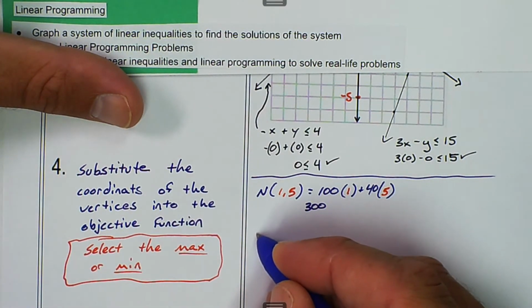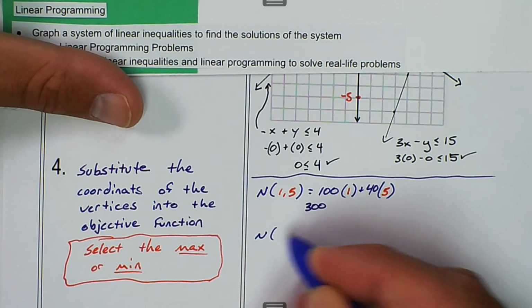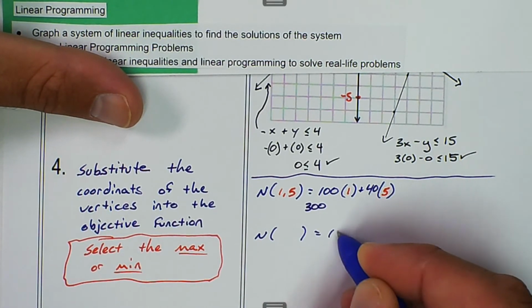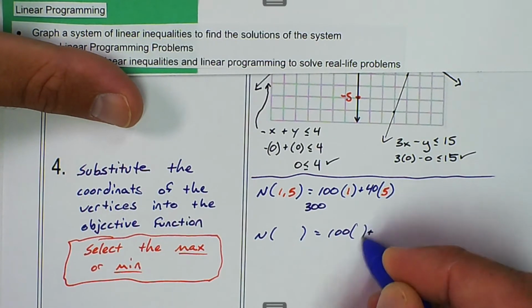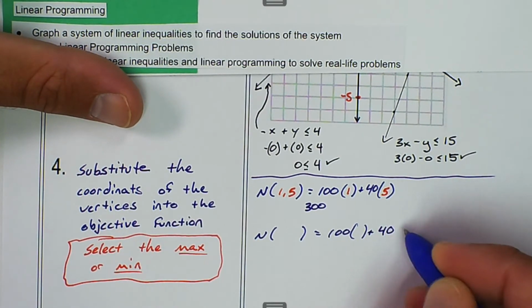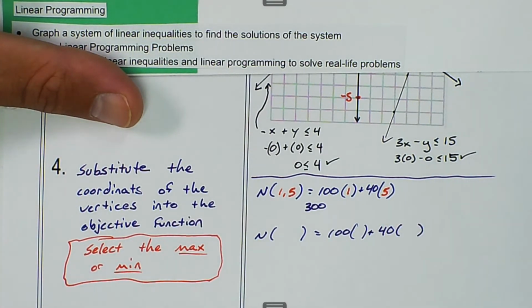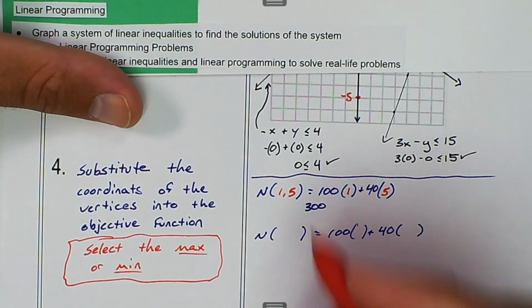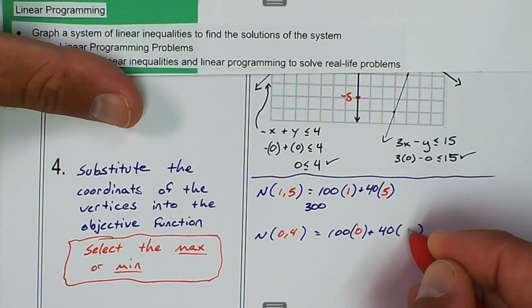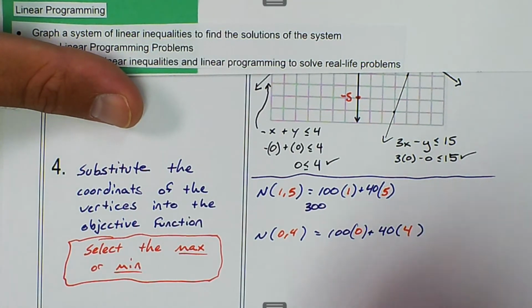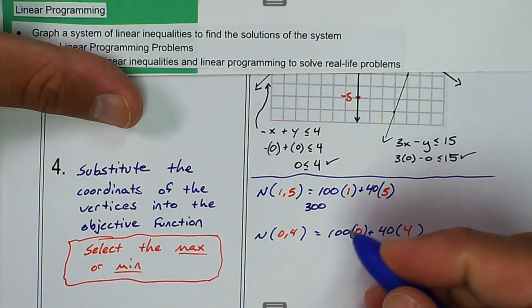So then we want to check the next ones. We have the function, we're going to plug a value in. For this case, we want to check 0, 4. So 0 for x, 4 for y, and we get 160.